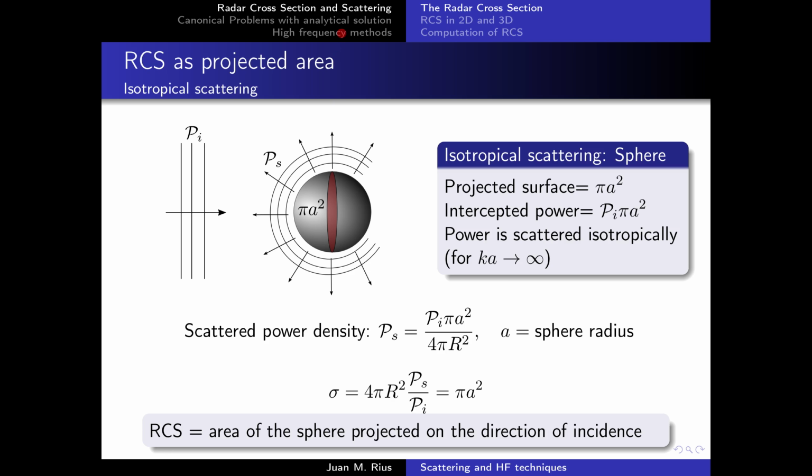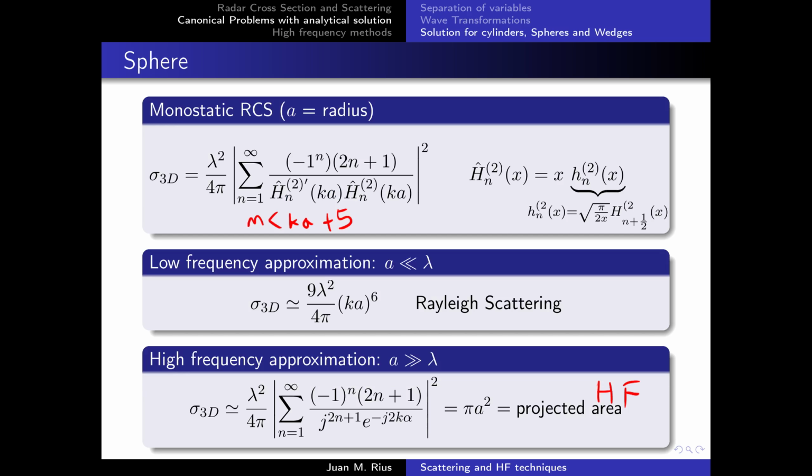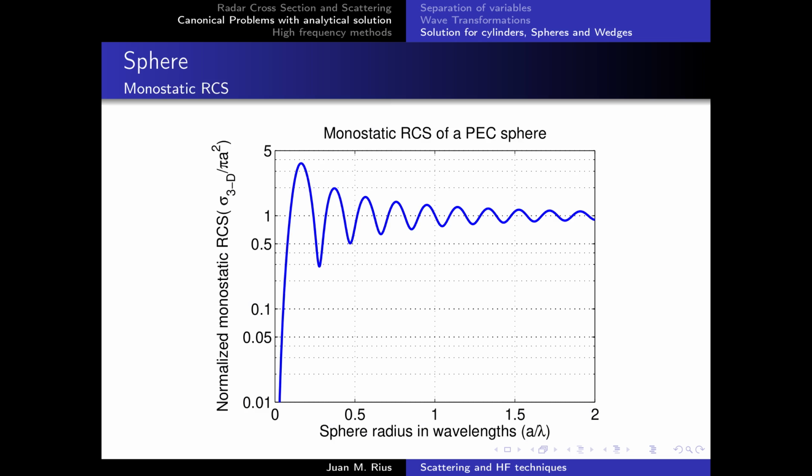We will study high frequency methods in more detail in the next video, but for the moment you already know that if we take the exact analytical solution for the spherical canonical geometry, and do the large argument approximation for A much larger than lambda in the Bessel functions, what we obtain is exactly the high frequency approximation of the radar cross section, pi A squared.